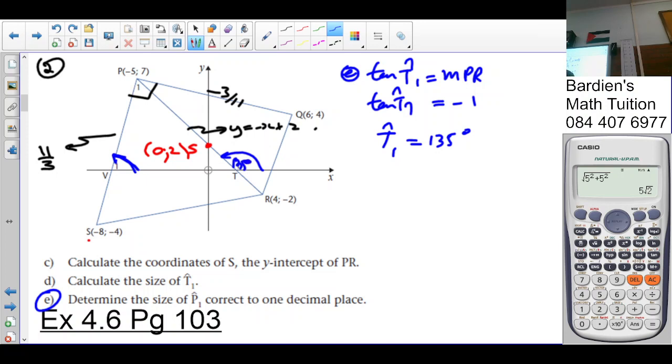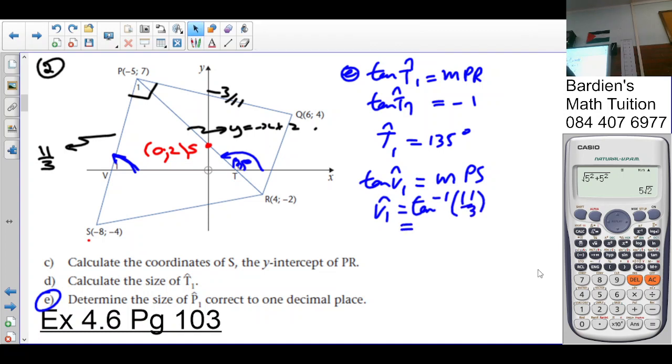For V1, tan of V1 is equal to the gradient of PS. We know what the gradient of PS is. It's 11 over 3. So V1 is equal to arctan of 11 over 3. So arctan of 11 over 3 gives us 74.74.